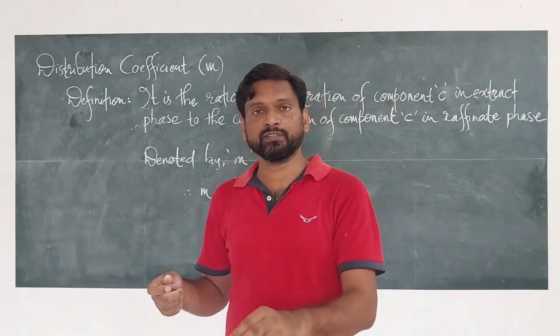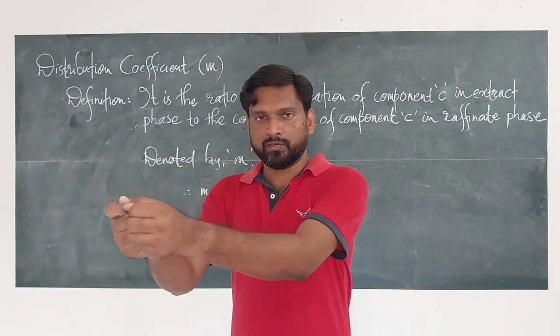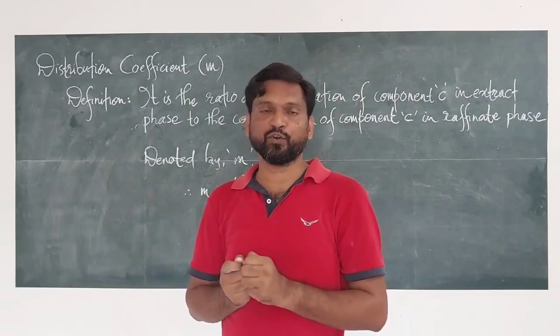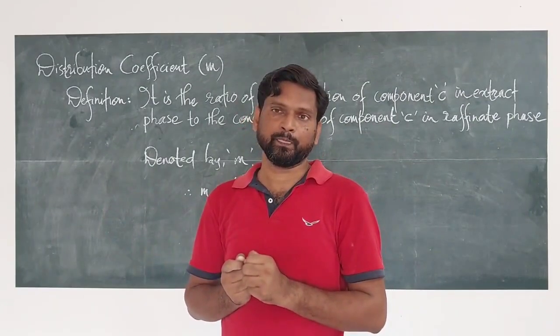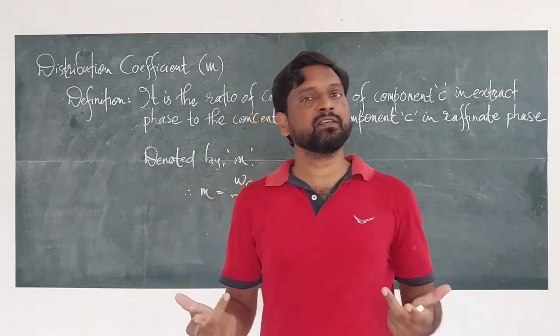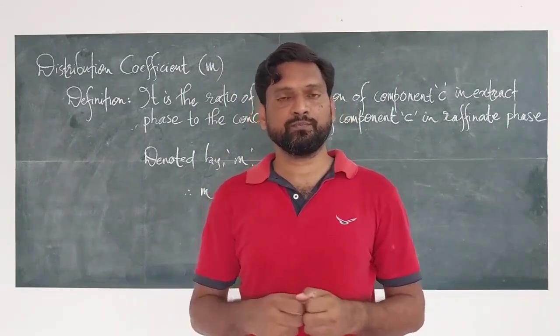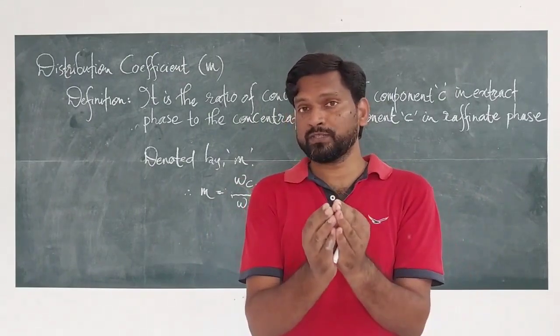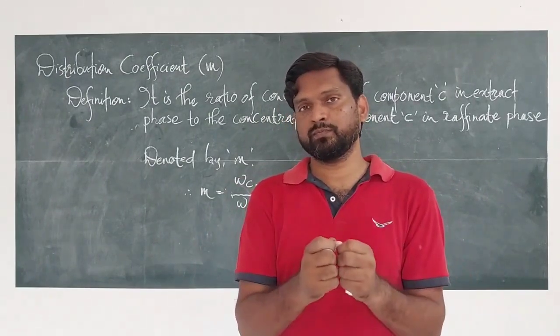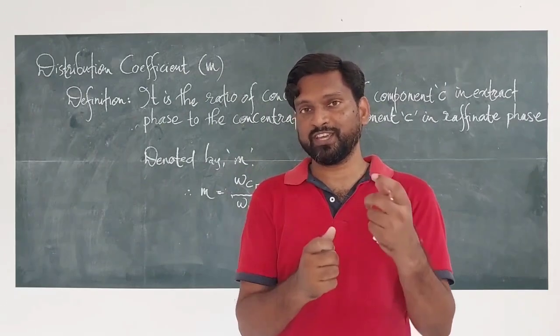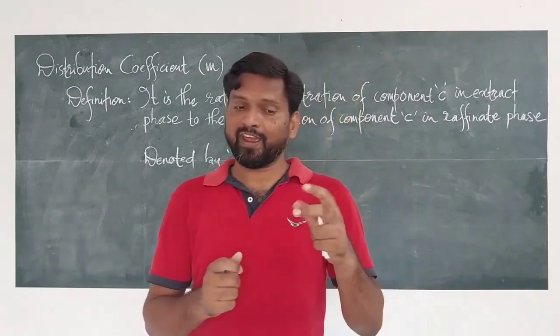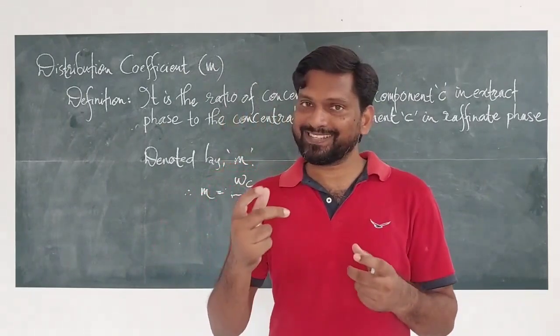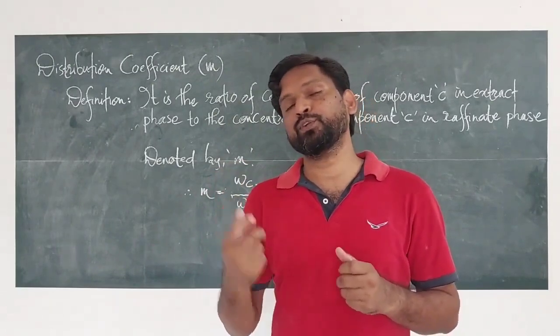This solvent fetches component C from A. That is what we have seen in the concept of liquid-liquid extraction. Now in the extractor, it forms a ternary system, a system consisting of three components A, B and C, where A and B both are solvents and C is the solute, the desired component.